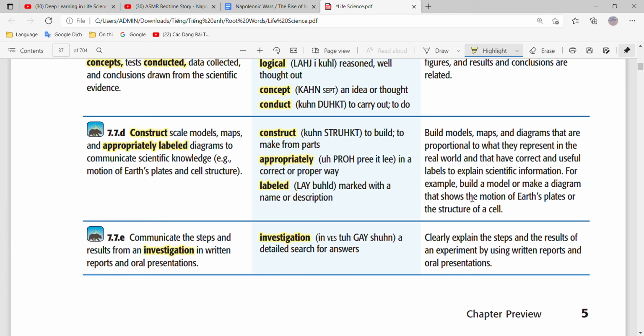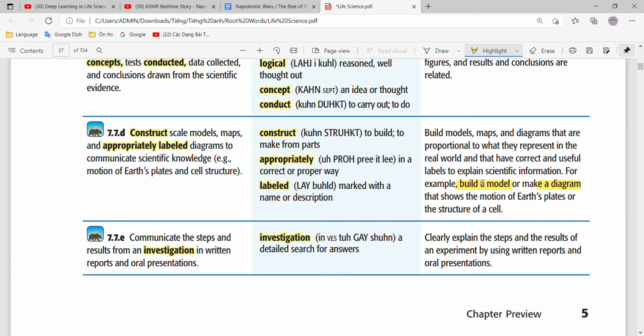For example, build a model or make diagrams that show the motion of Earth, planets, or the structure of a cell. Model is to build a model, to make a diagram, to show the motion, like we're going to put it in real life.